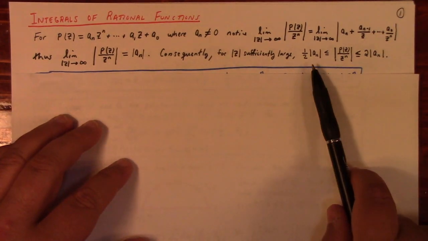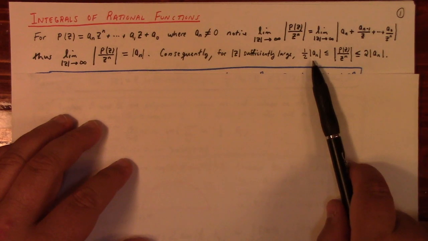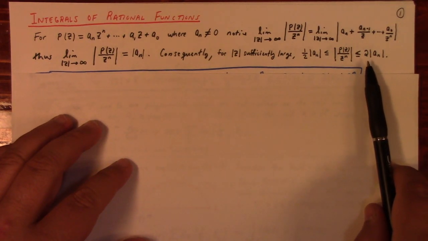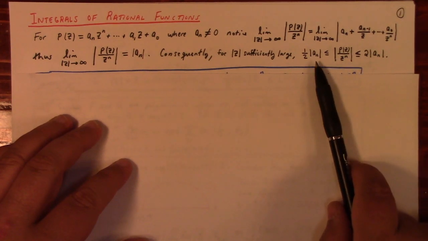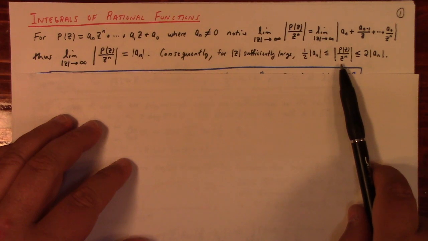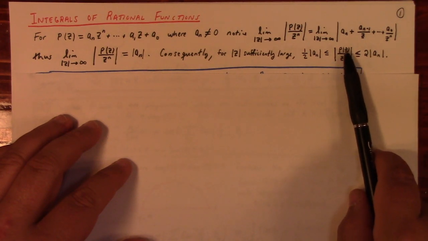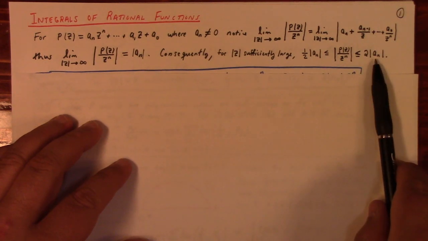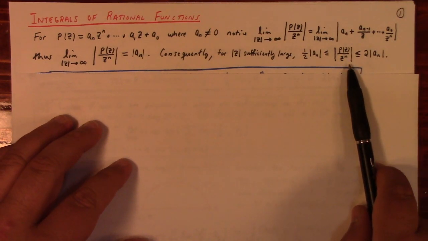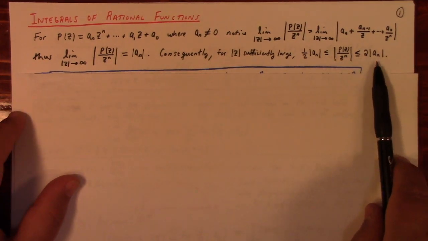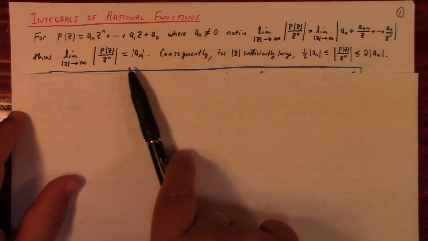So if you have a bound below the limit and a bound above the limit, then certainly you can expect that the values of |p(z)| over |z|^n are going to be between the lower and upper bound as you get closer and closer to infinity, right? Anyway, this is a reasonable bound given that limit.